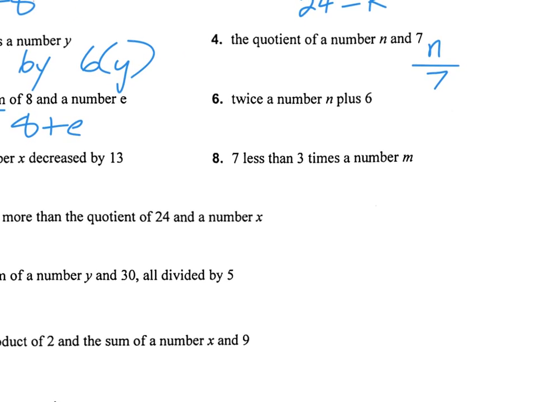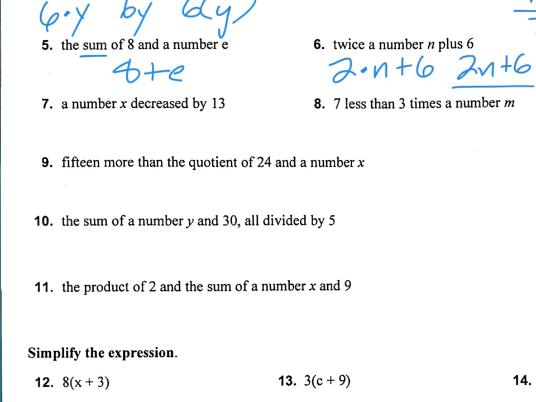Number 6, twice a number n plus 6. Well, twice a number n would be 2 dot n plus 6, or 2n plus 6. That's the more preferred way because it's more simplified than the other one.